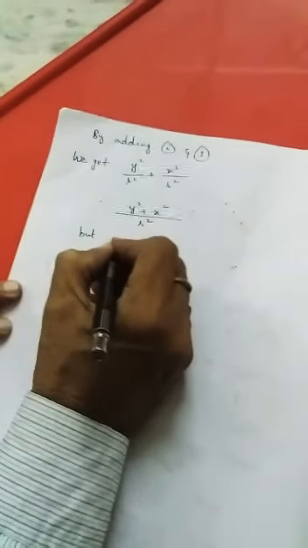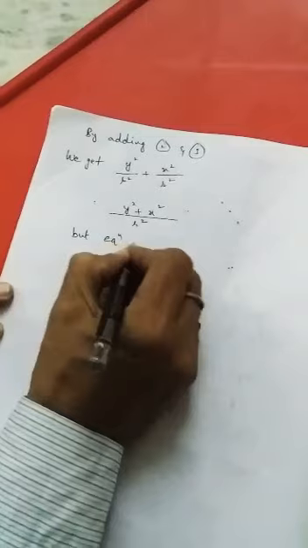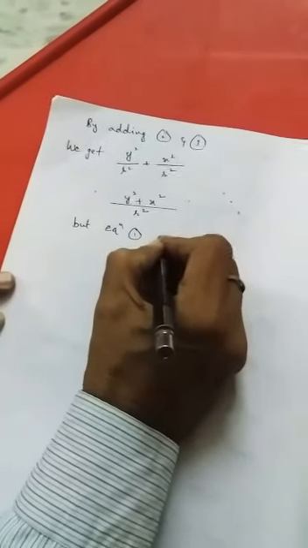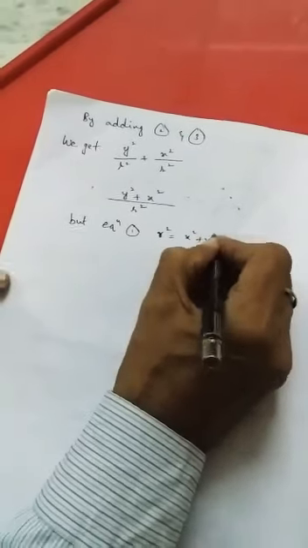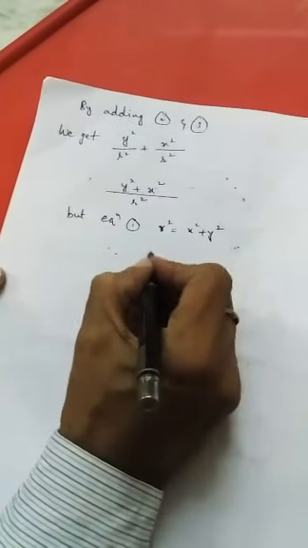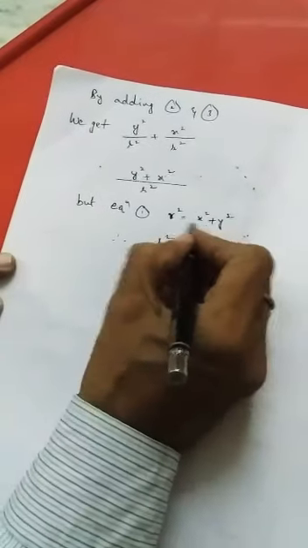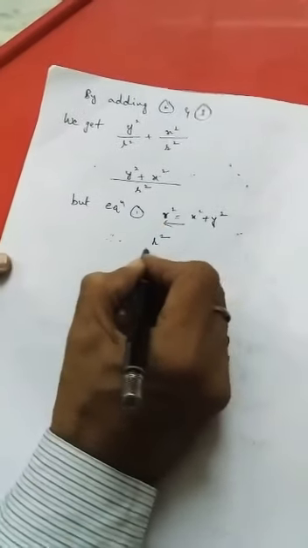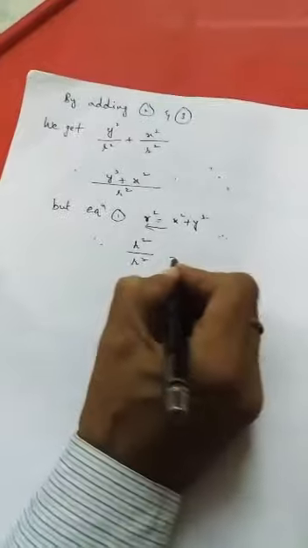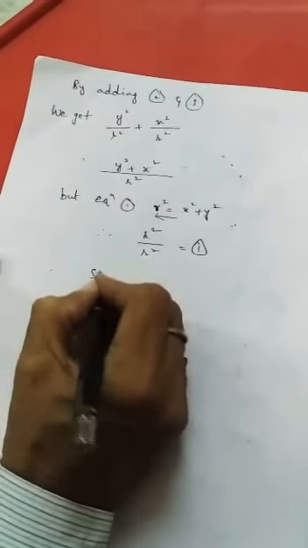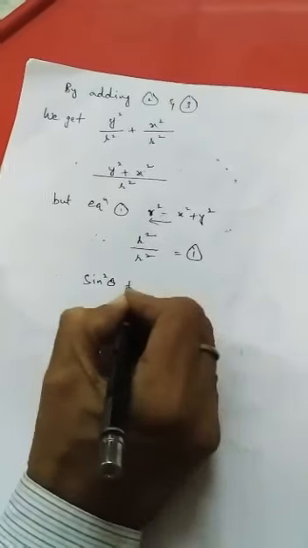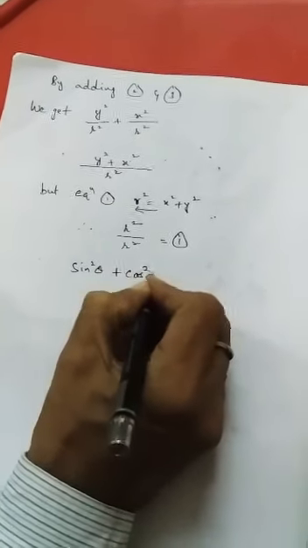But we know equation 1, r square is equal to x square plus y square. Therefore in place of x square plus y square we can take r square. So r square by r square is equal to 1. Therefore we proved that sin square theta plus cos square theta is always equal to 1.